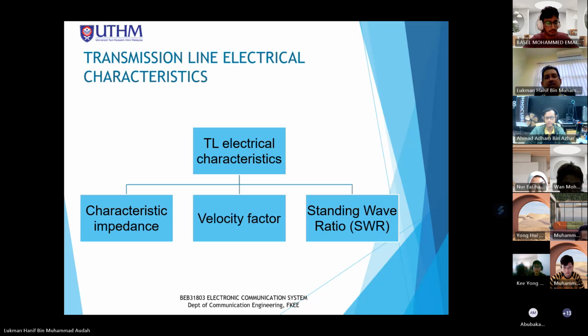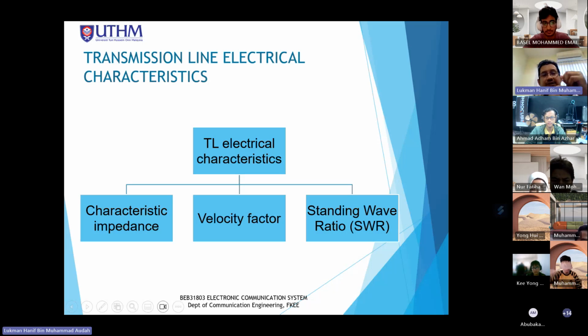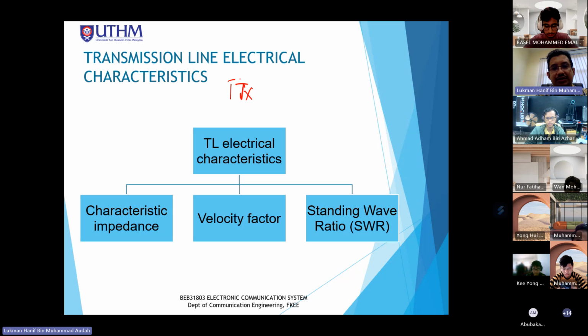Okay. So last week we have gone through this topic about the transmission line characteristics. Okay, so where are we now? If I draw the whole picture of transmitter and receiver, for example, we have here the transmitter, channel, and then we have the receiver.